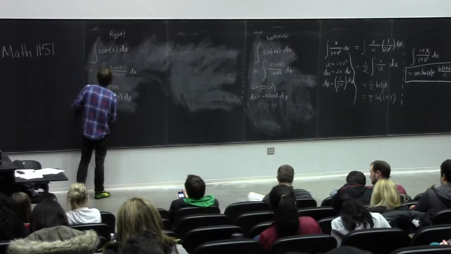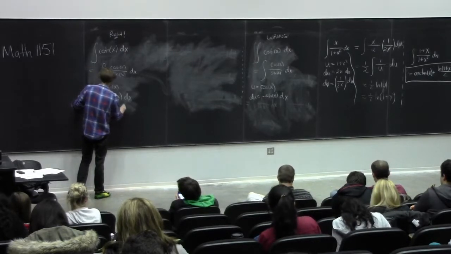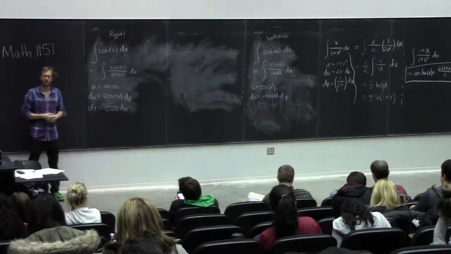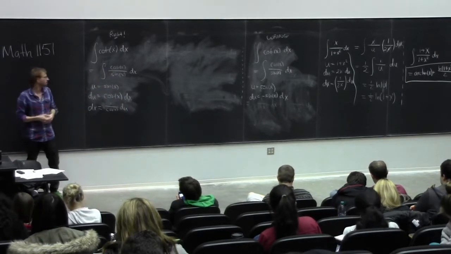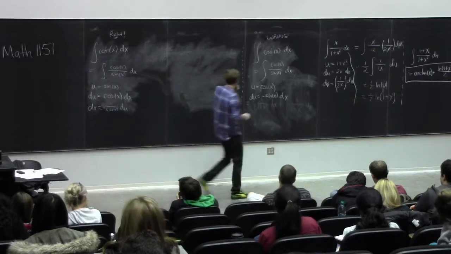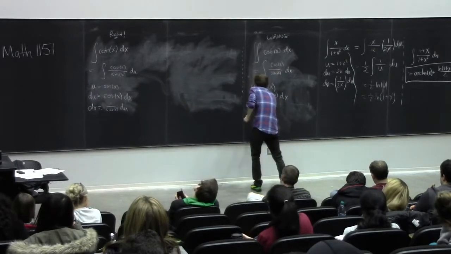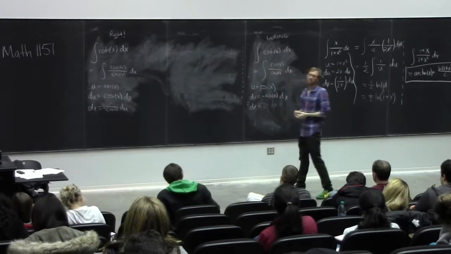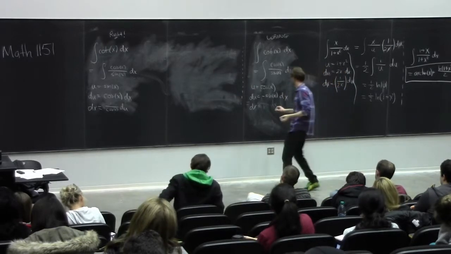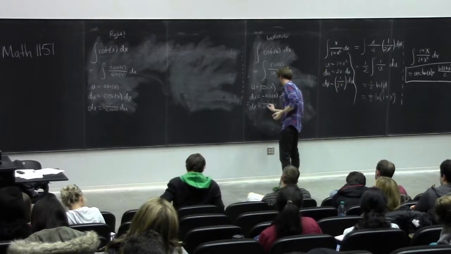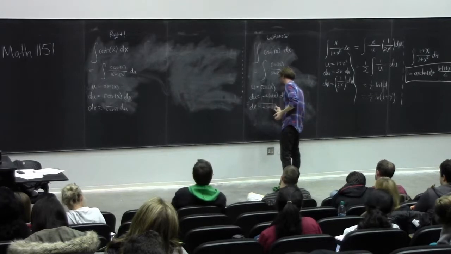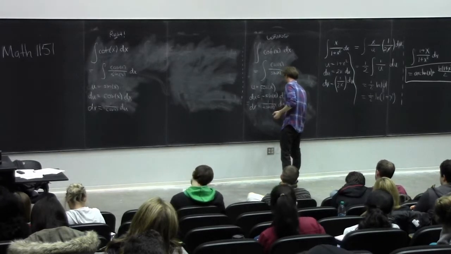It's 1 over cosine of x du. Isn't that right? Okay, now let's look over here. So now dx is equal to 1 over minus sine of x du.